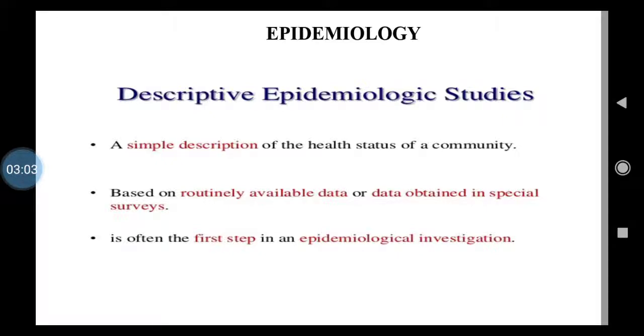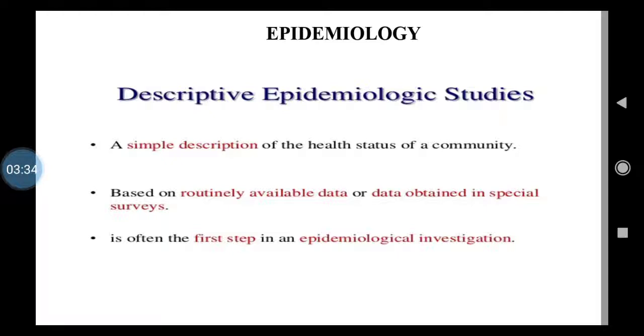So, it is a simple description of the health status of people or community. A description is recorded regarding the health status of the community. These are concerned with observing the distribution of disease or health related problem in human population and identifying the cause of disease.